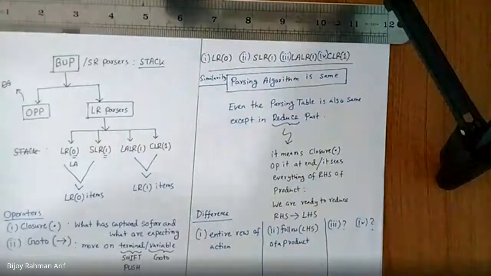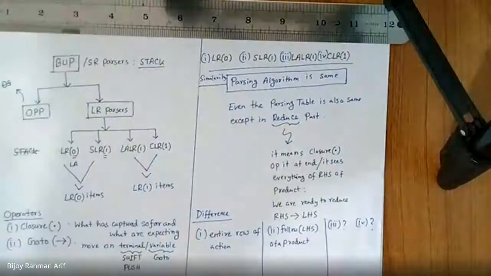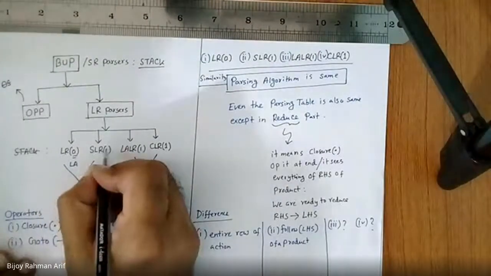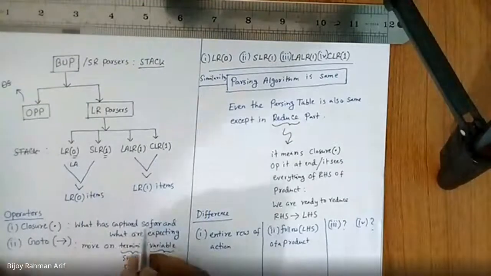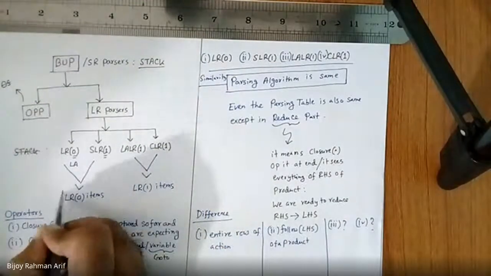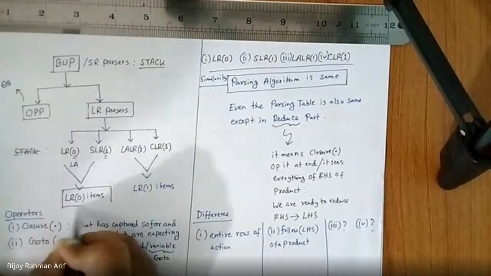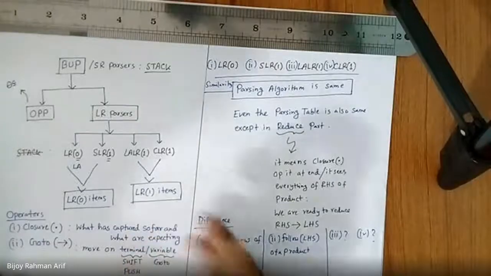All right. Before starting these two parsers, LALR1 and CLR1, you need to know what actually an LR1 item is. We already know what an LR0 item is. We need to know what LR1 items are. So let's start. What is LR1?